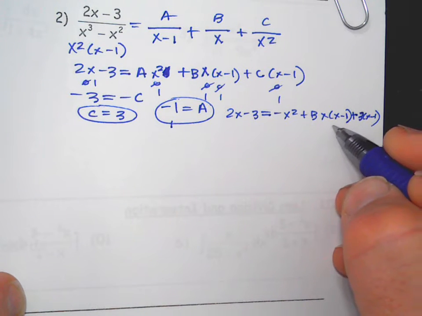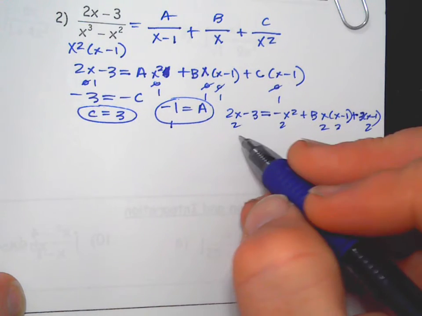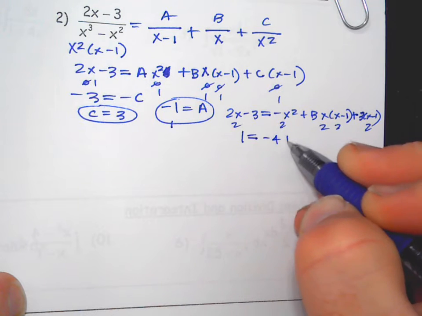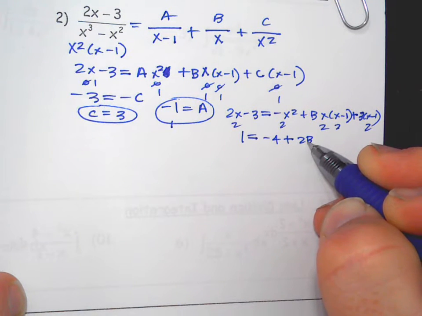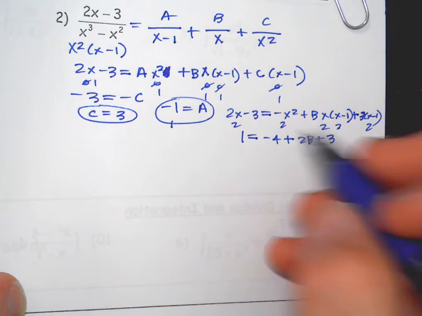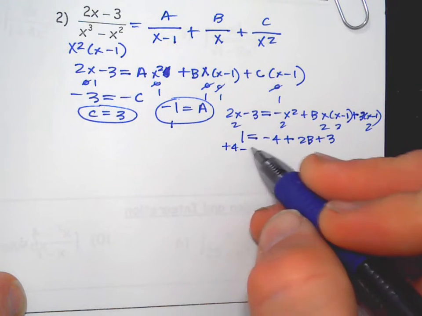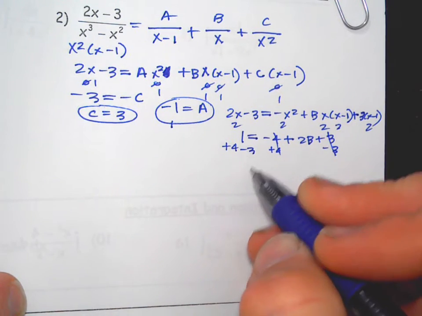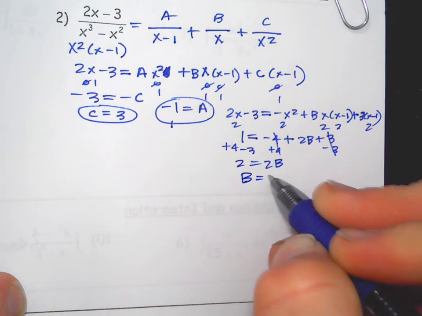I don't know, I guess I'll go 2 everywhere. And so that's going to be 1 equals -4 plus 2B plus 3. And so could add 4, subtract 3, and that's going to be 2 equals 2B, so B equals 1.